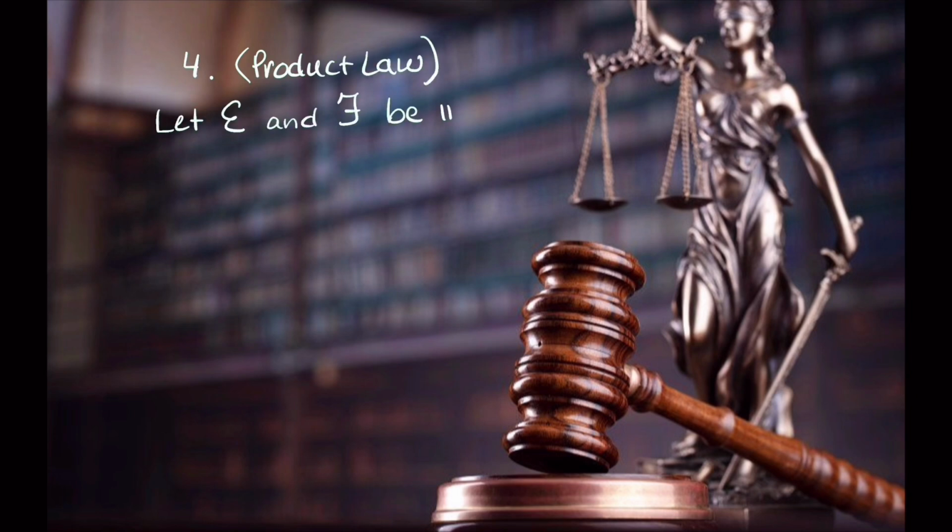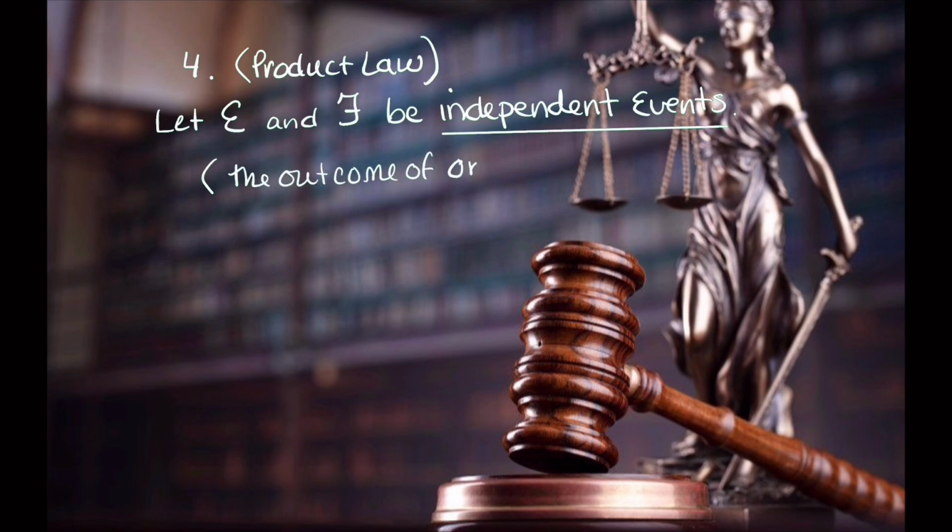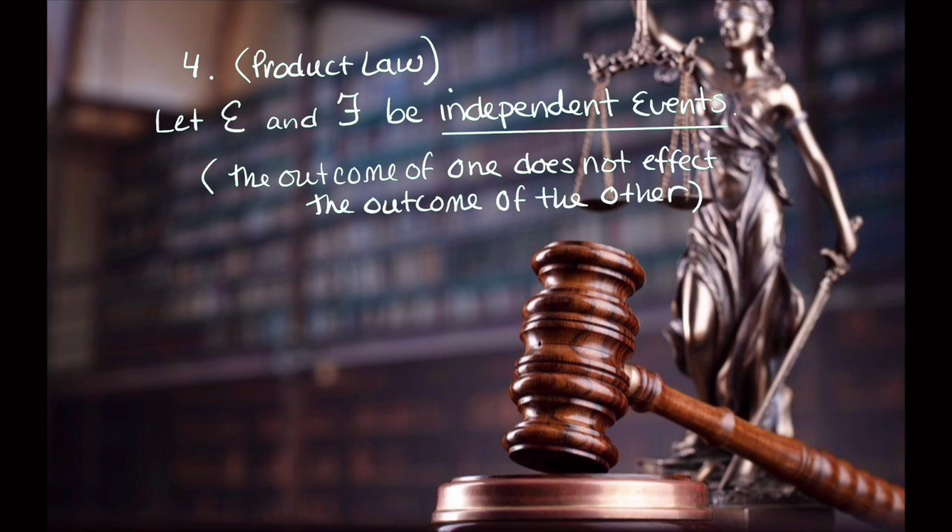Now, something called the product law for probability is, again, let E and F be events, but this time let them be independent events. What that means is that these two events' outcomes cannot affect each other, like flipping a coin.